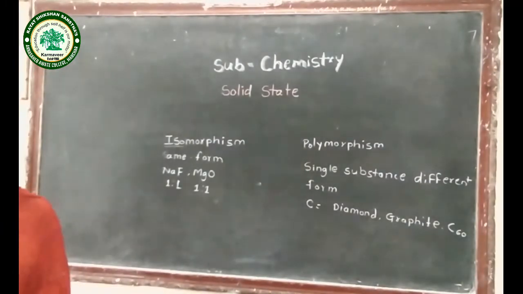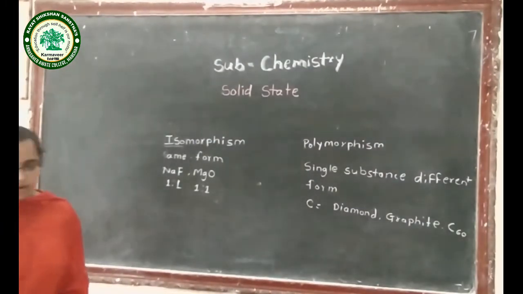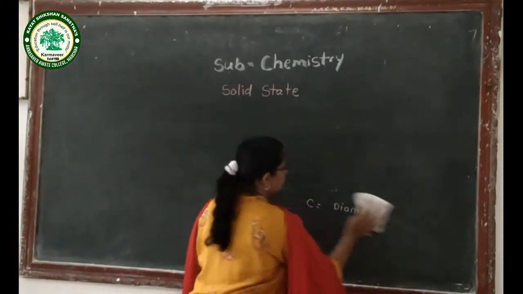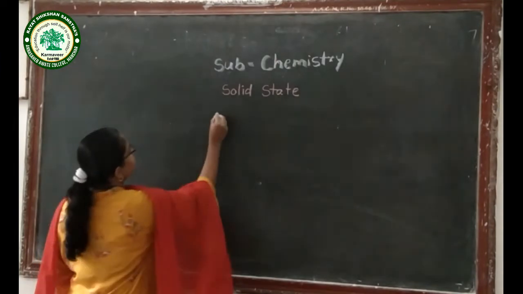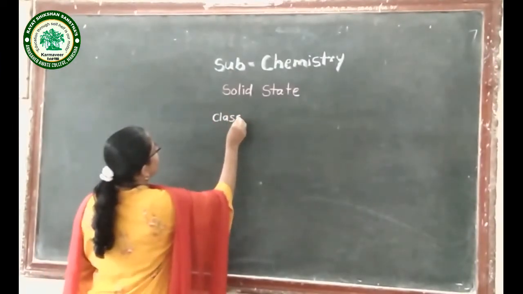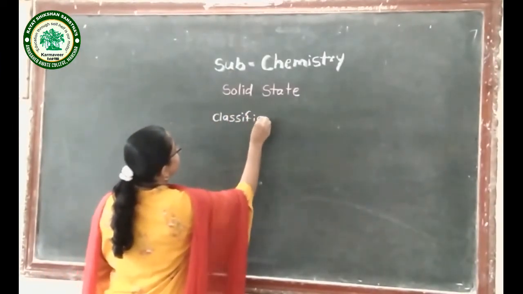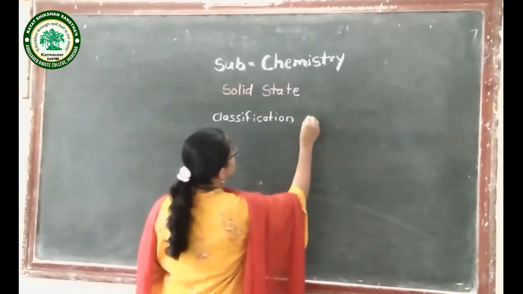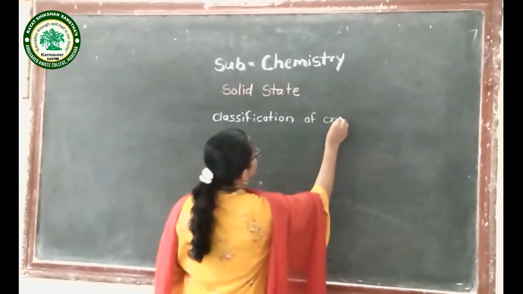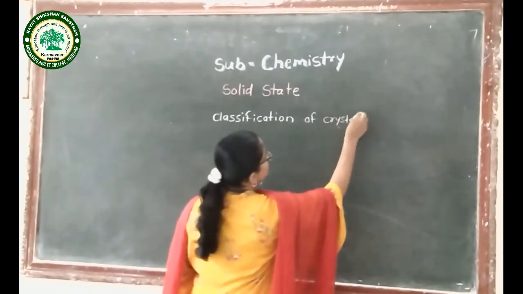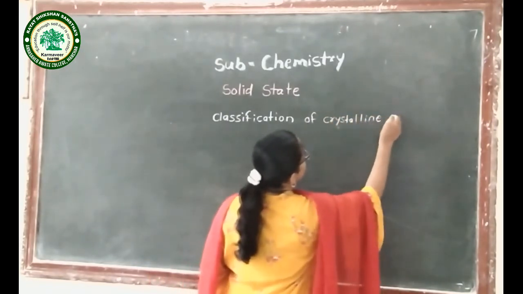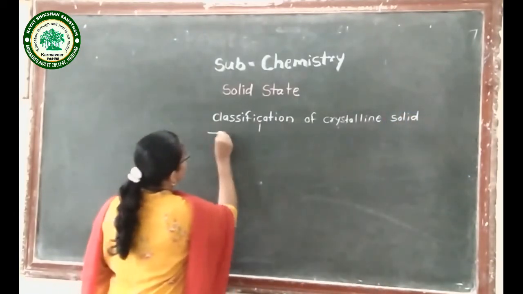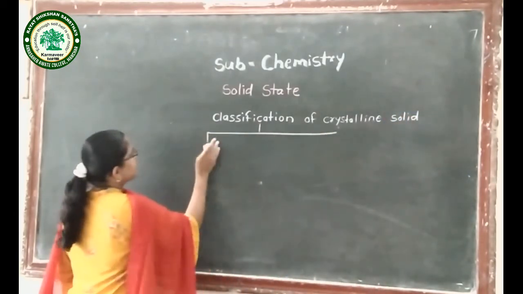Next point is the classification of crystalline solids. Crystalline solids are classified into 4 types.